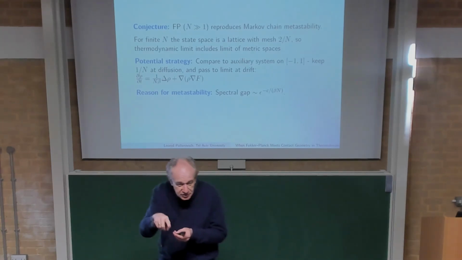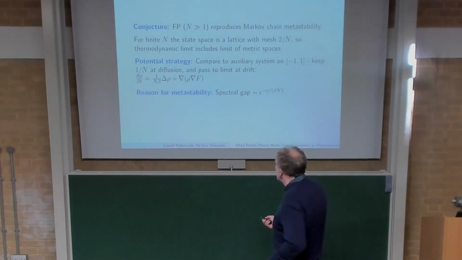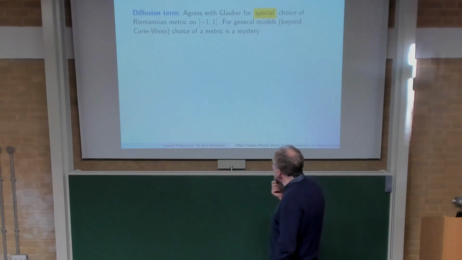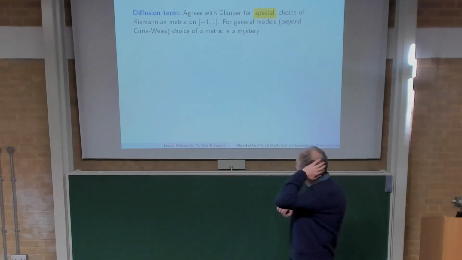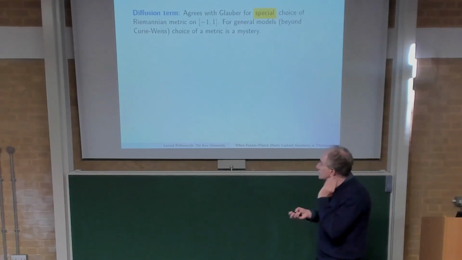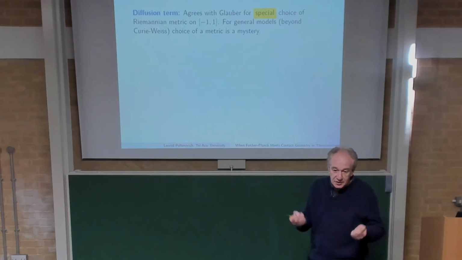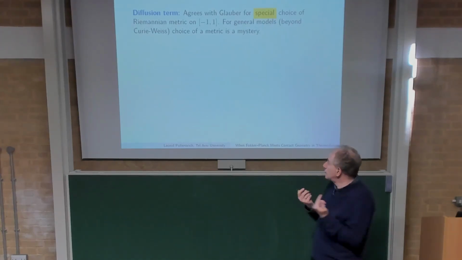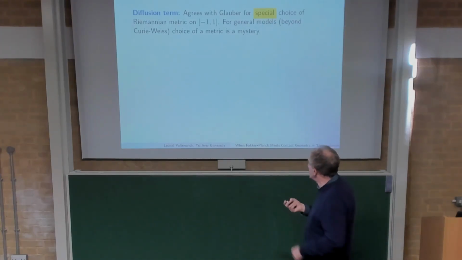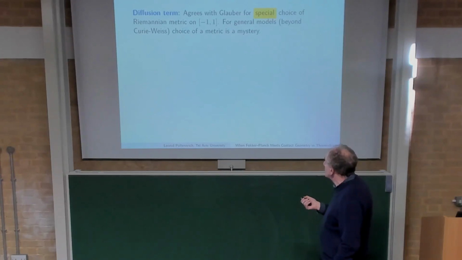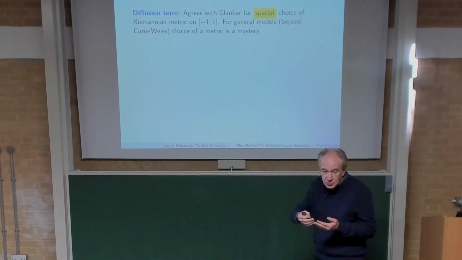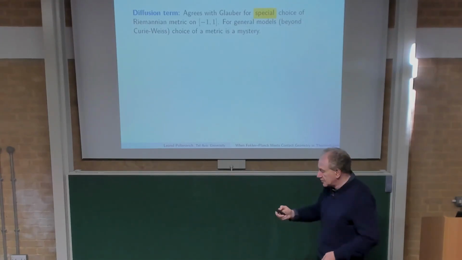So it will go very, very slowly. Yeah, so diffusion. Then you can do the following thing, and this we worked out. You can take this Glauber equation as kind of absolute truth. Then you can find a Riemannian metric, a very specific Riemannian metric, for which Glauber dynamics in some sense corresponds to, at least, the drift in Fokker-Planck dynamics.